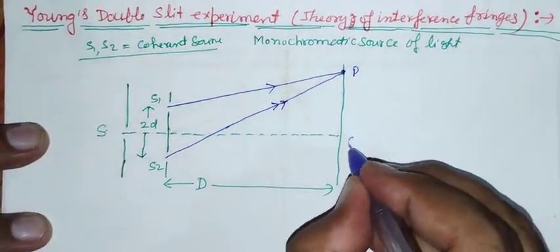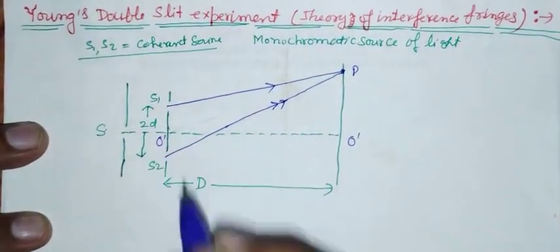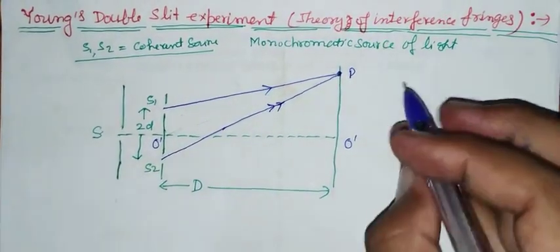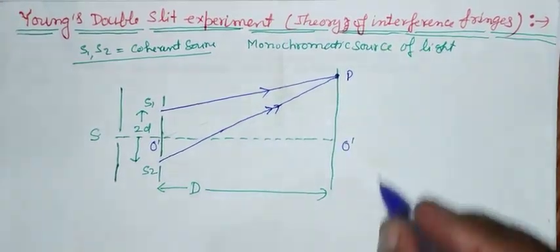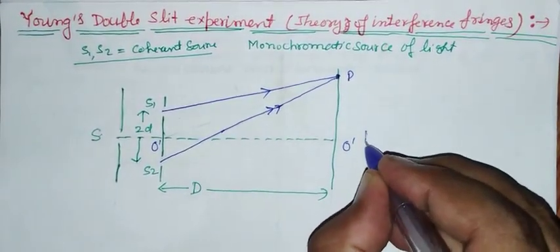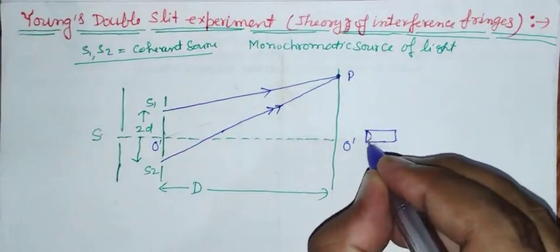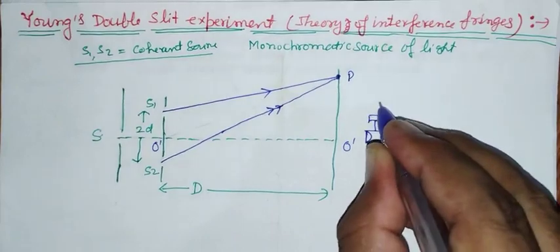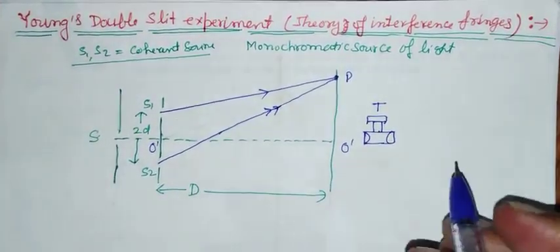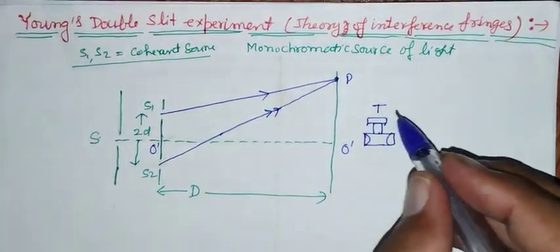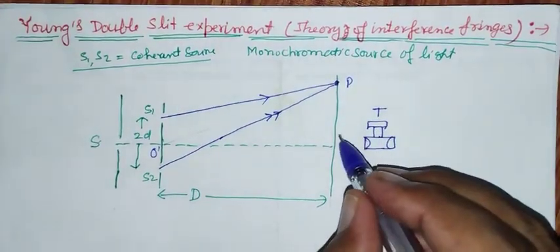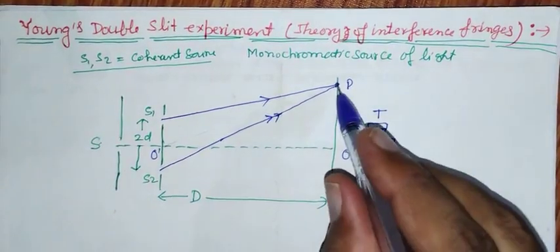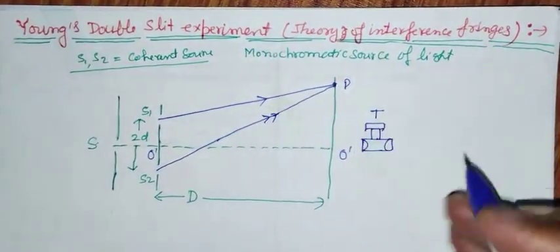Let this point be O dash and this be O. Now see, we have a telescope here which can move on the screen. So the phenomenon of interference is seen here. Remember, the telescope is used to see the phenomenon of interference, that is, the bright fringes and dark fringes formed on the screen.